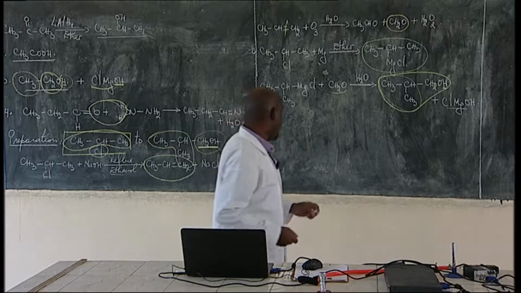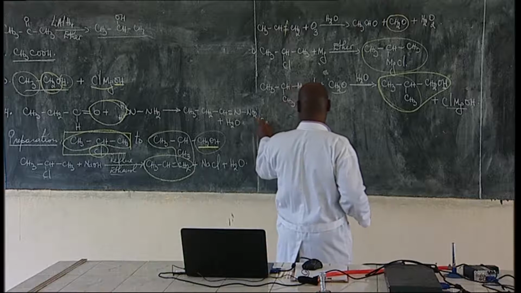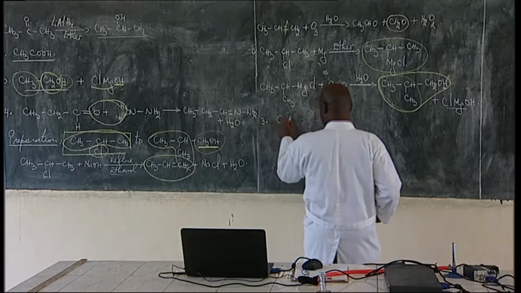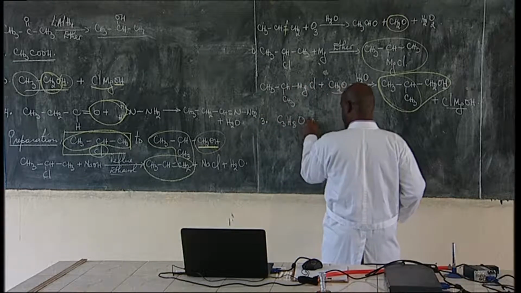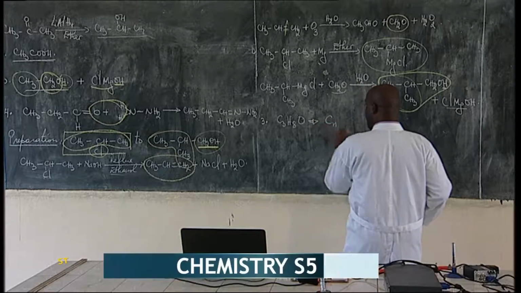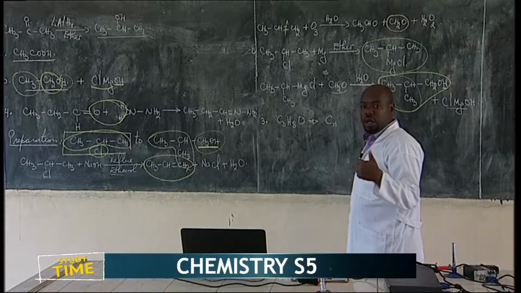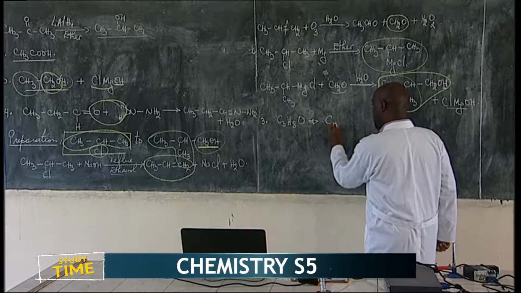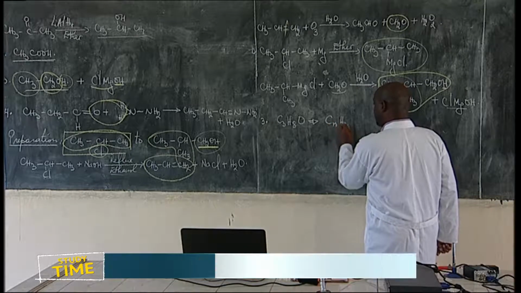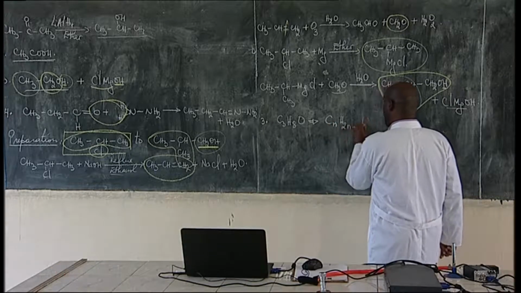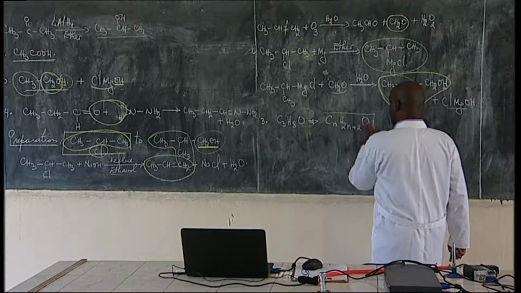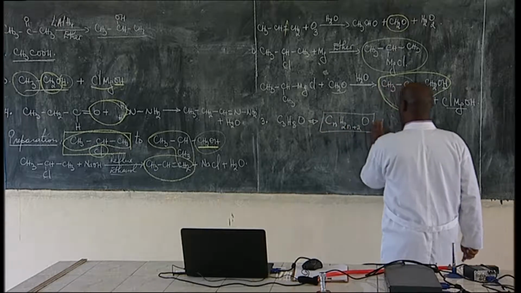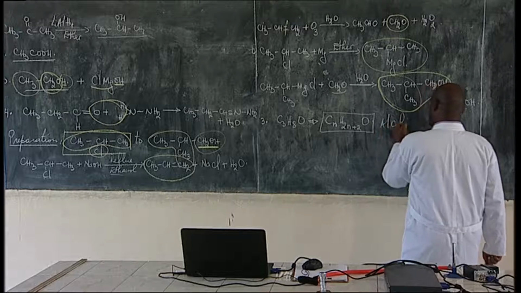This is exercise number 3, C3H8O. This is the same as Cn, for a given number of carbon atoms. We have Cn, H2n plus 2, and O. This is the molecular formula for alcohols.